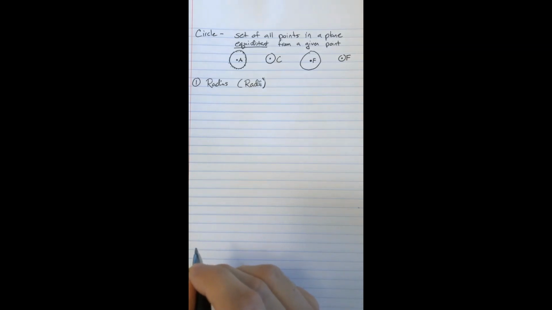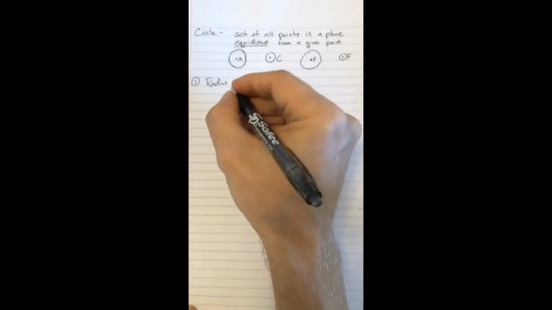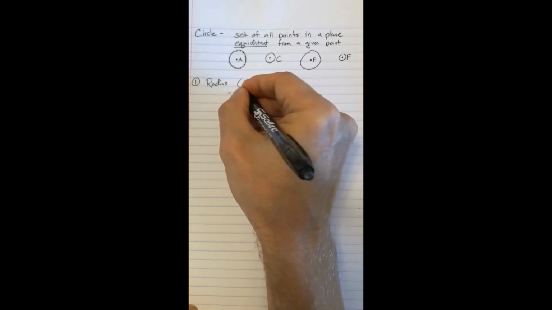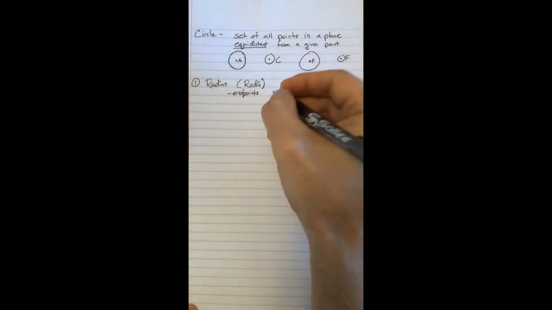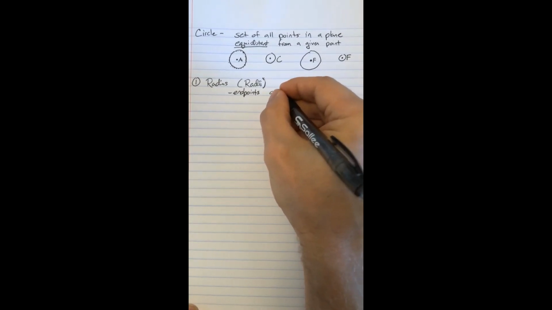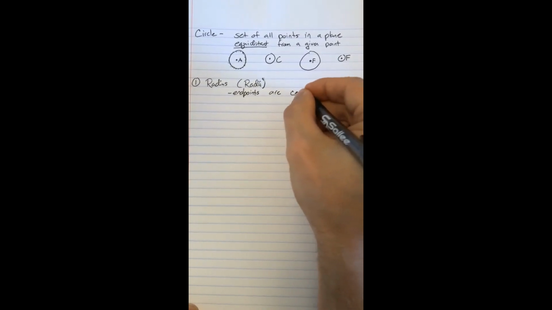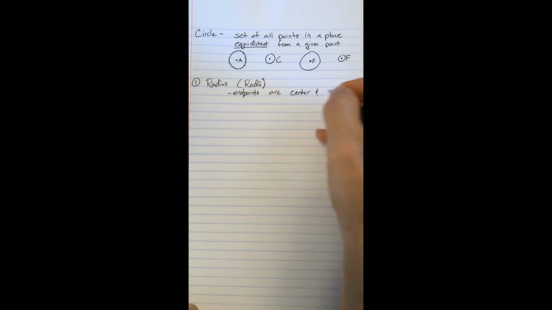So the definition of a radius is a segment with the endpoints that are the center of the circle and on the circle itself. So the endpoints are the center and on the circle.